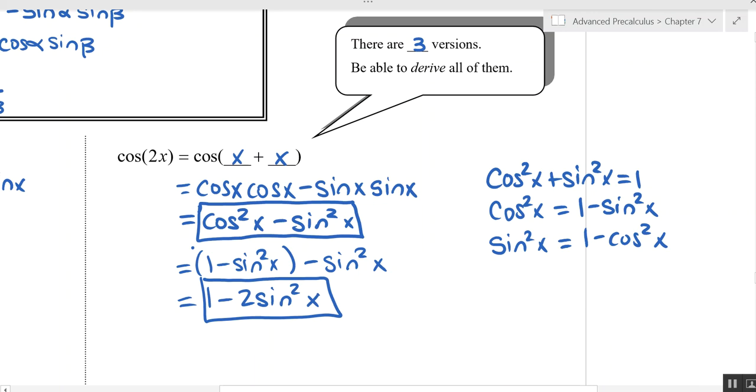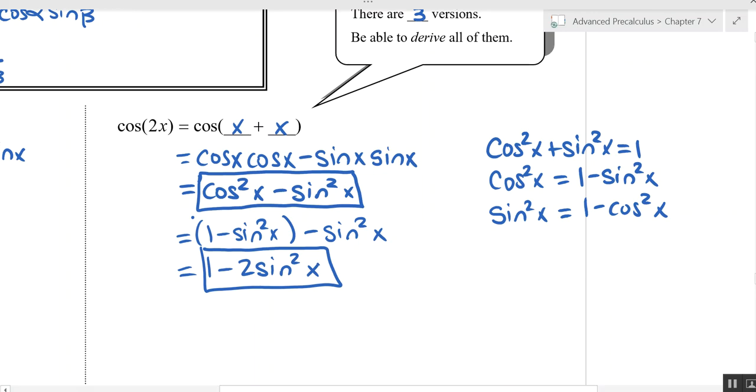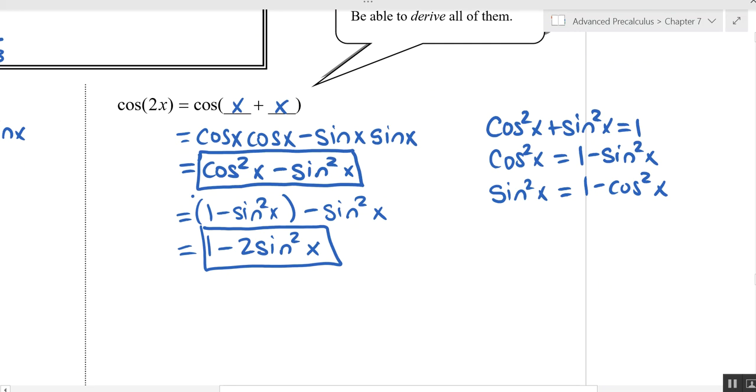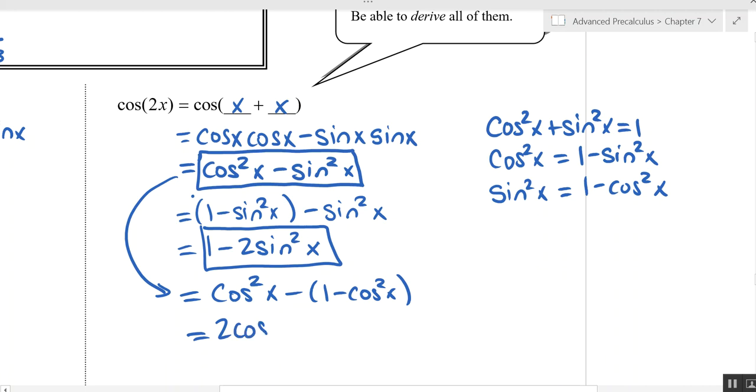And if, instead of replacing the cosine squared, we had replaced the sine squared with 1 minus cosine squared x, and simplified that, making sure you distribute the negative through, we wind up getting 2 cosine squared x minus 1.